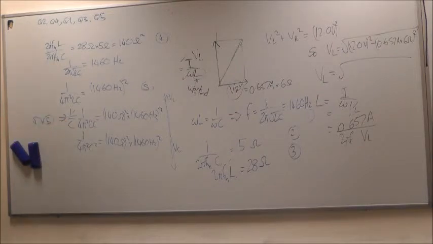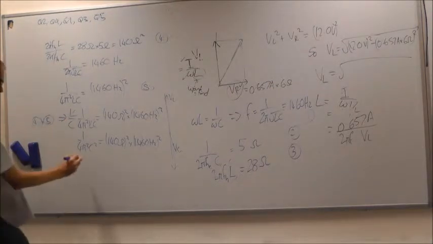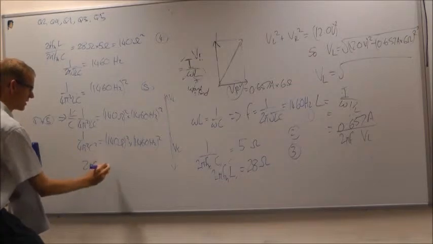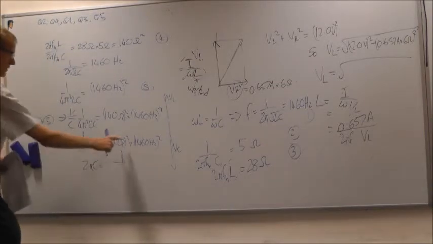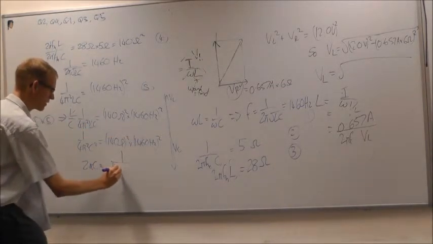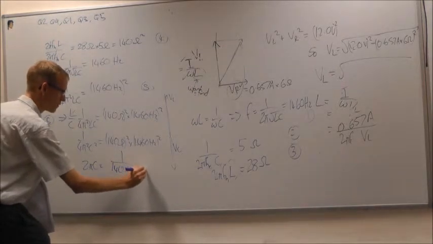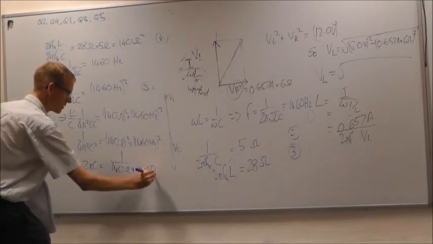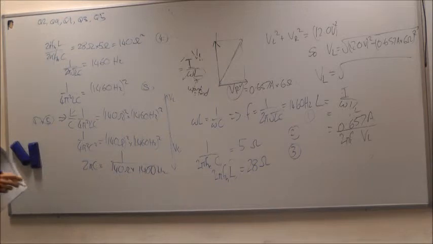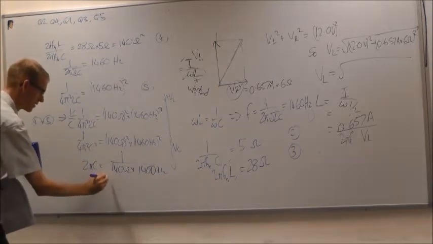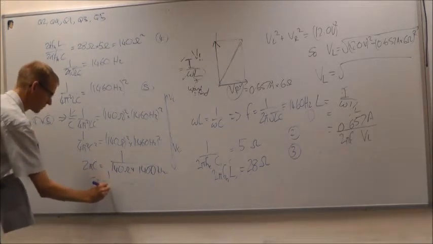Reciprocal square root, so I'm going to get then 2 pi C equals 1 over, square root's going to knock those off, 140 ohms times 1460 Hertz. C is 1 over 2 pi that.